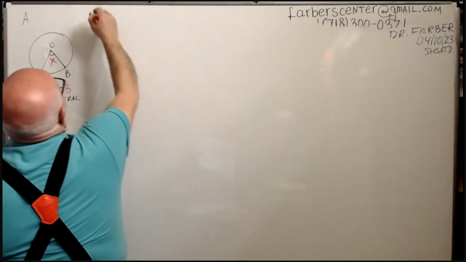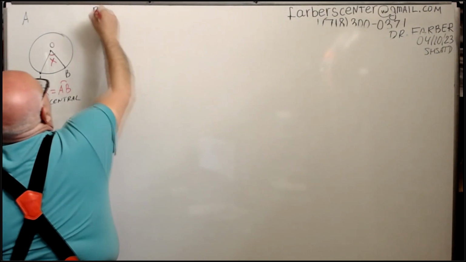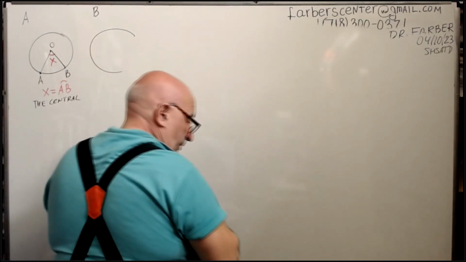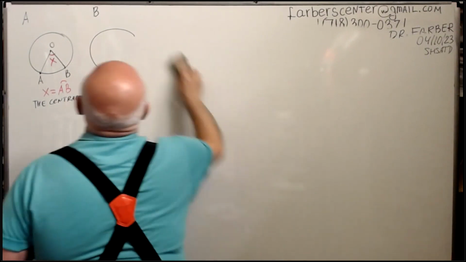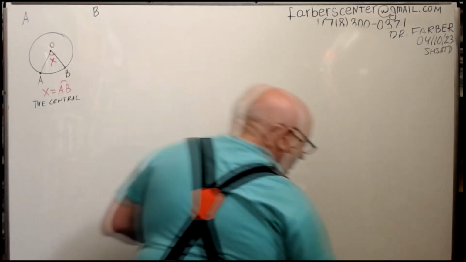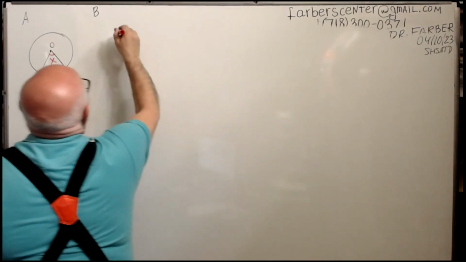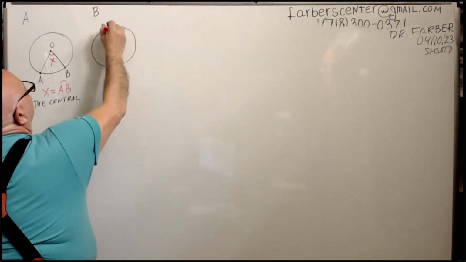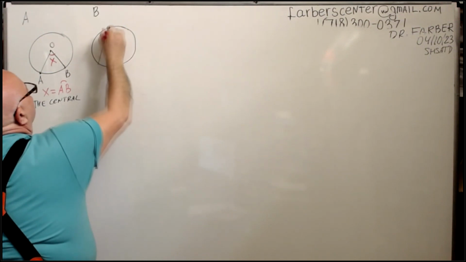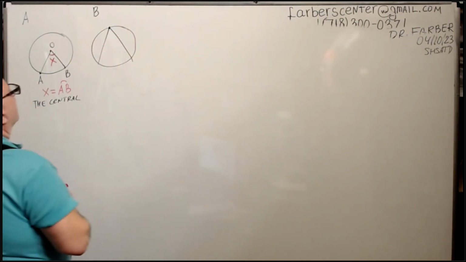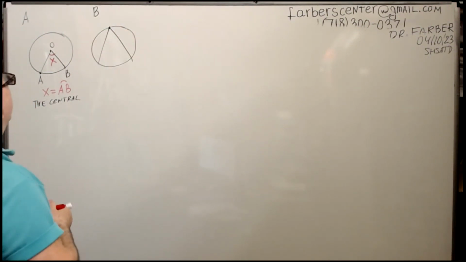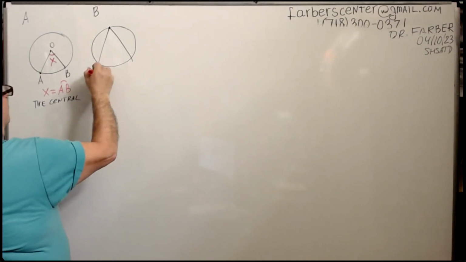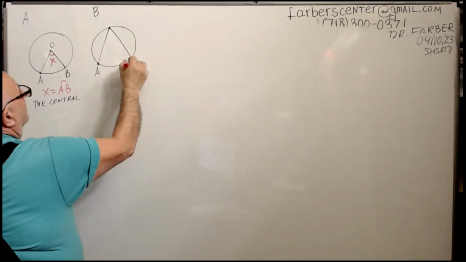Next case, B. We have a circle, again, summarization. And we have an angle which is inscribed. In this case, let's say this is arc AB as well.